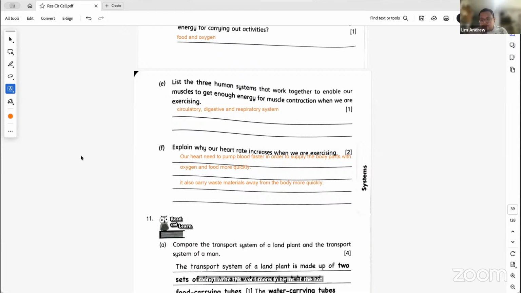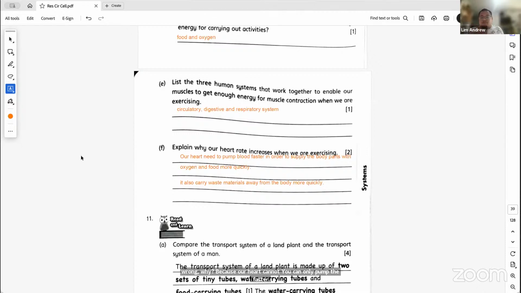One mistake that one student made in my examination was that he wrote, our heart needs to pump more oxygen to the body. This is wrong. Why? Because our heart cannot pump more oxygen. It can only pump faster.